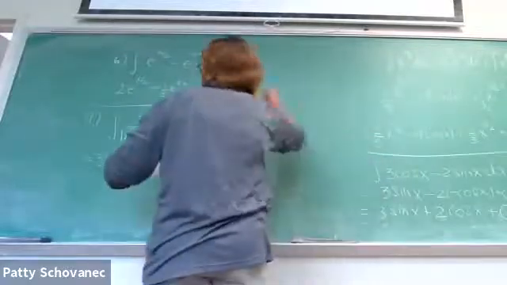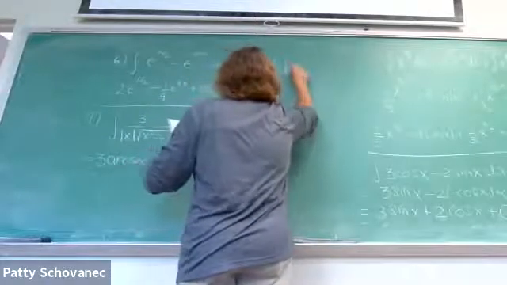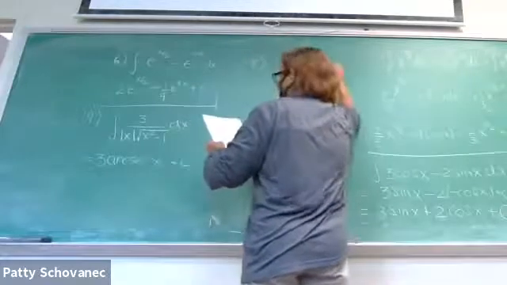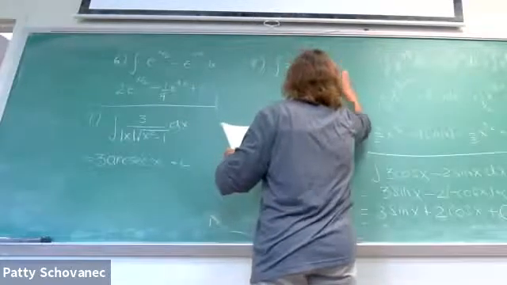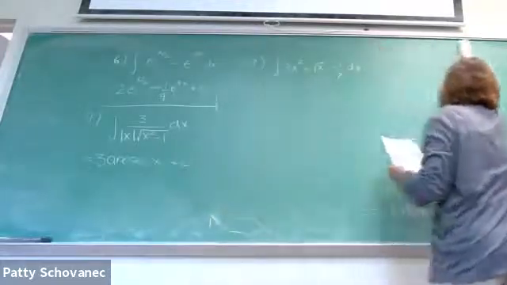All right, here's your next one. We've got 3x squared plus the square root of x minus 1 over x.